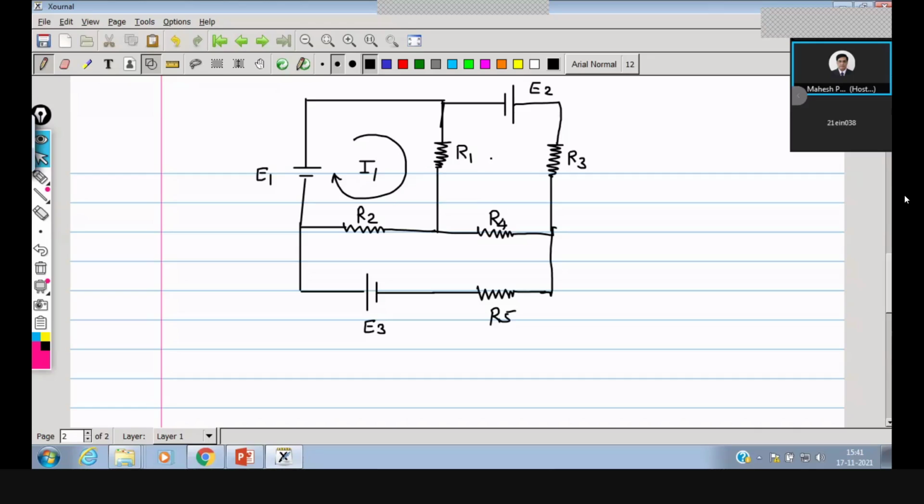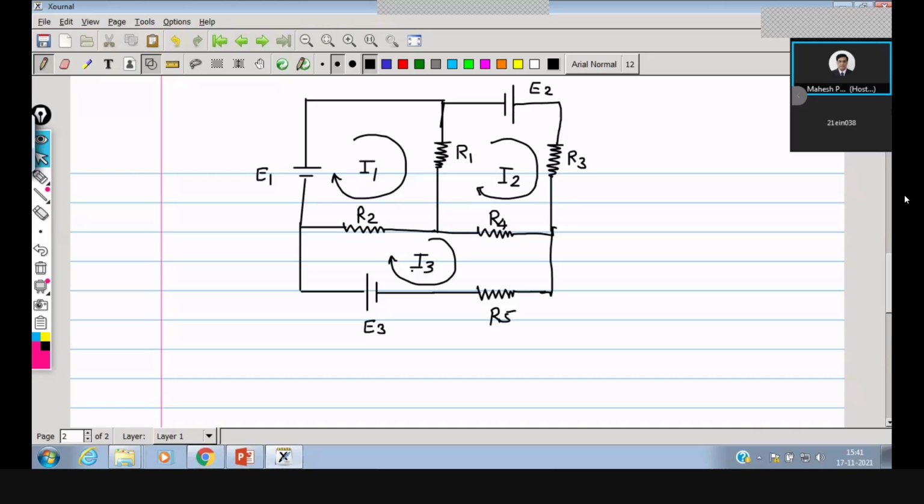Similarly, we can write another loop in this way. This is I2. And here also we can assume the direction of current I3. I would like to advise you that if you assume all the mesh current directions clockwise, then it will be easy for you to solve.